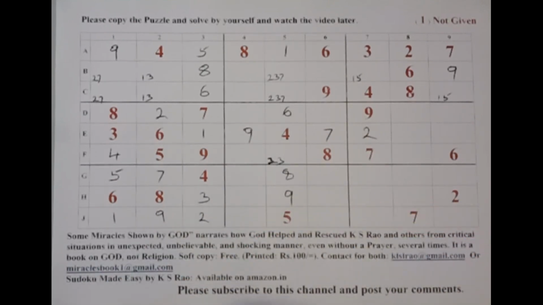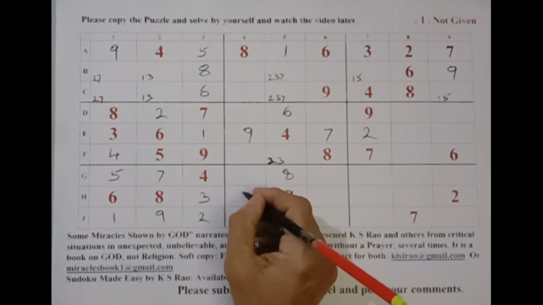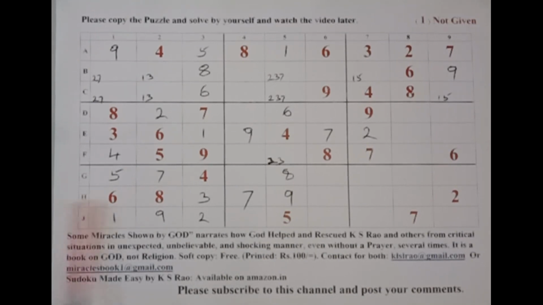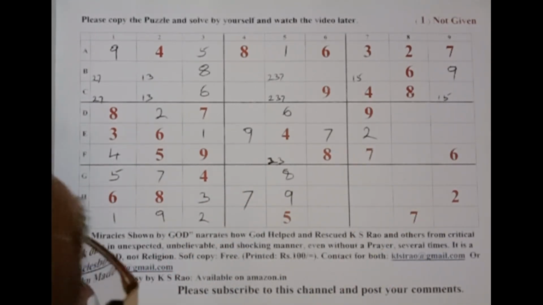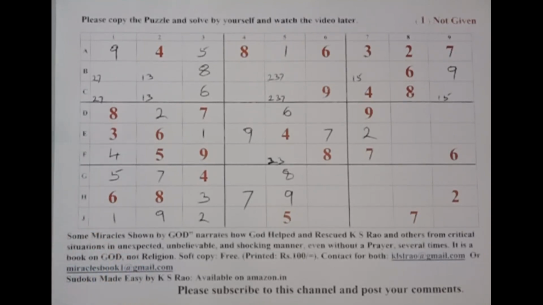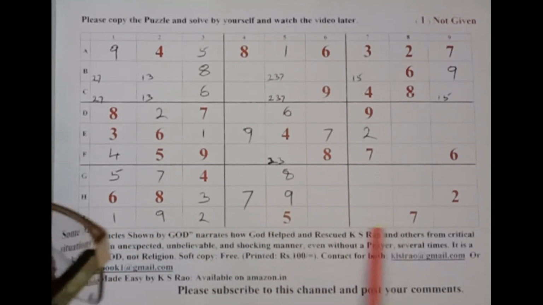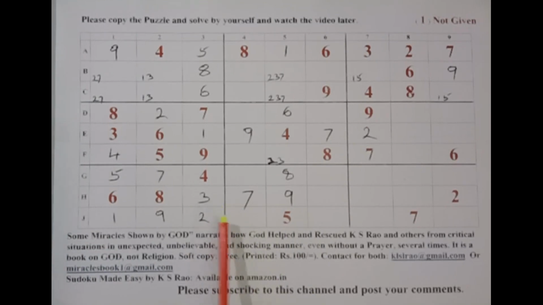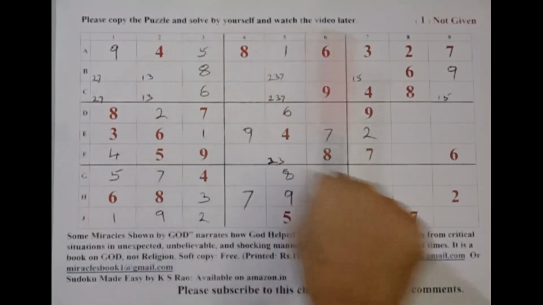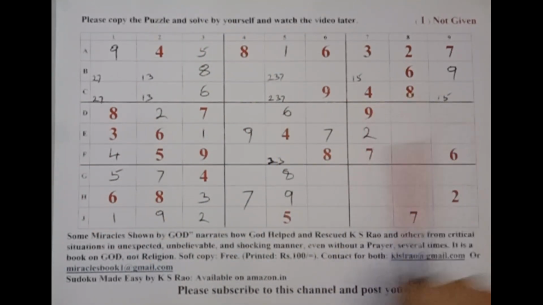Therefore, we can write our next 7 here. Okay, H4. 8 and 9 are there. Is it worth looking at it once again? 1 and 2 are here. 3, 4. No, no further development. Okay. We will now check this box. Let us have a look.